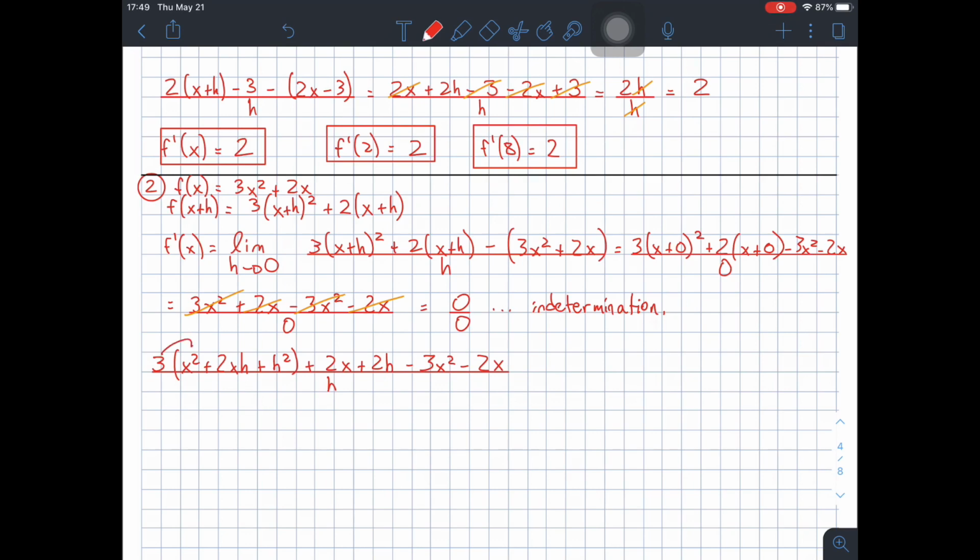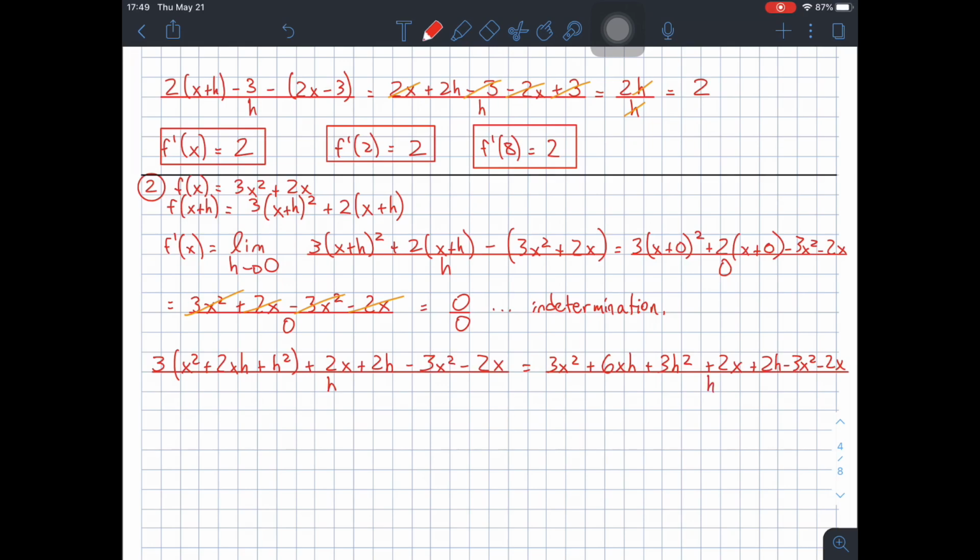And I can keep on expanding by distributing these values. This would be 3x squared plus 6xh plus 3h squared plus 2x plus 2h minus 3x squared minus 2x, divided by h.